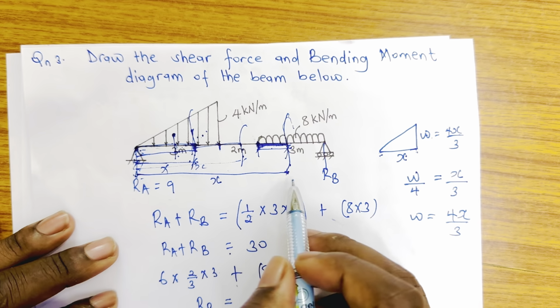So I have to take away from here up to A. This is 2, this is 3, so that is 5. So this is x minus 5. By doing this, 8 is the value of the uniformly distributed load times the distance which it is covering, which is x minus 5. So that is only the force.